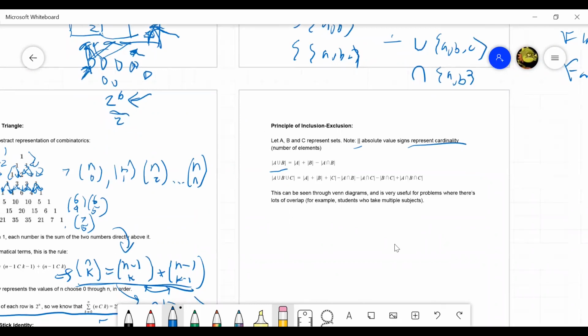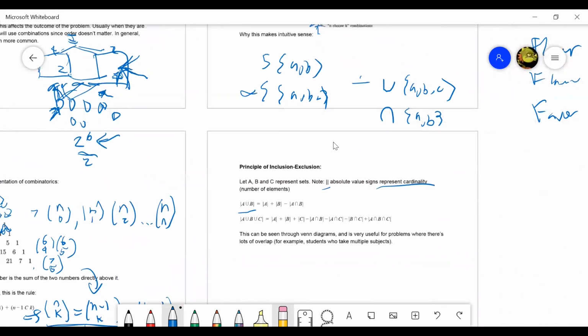So if you apply the example here, this would be 3 plus 2 minus 2, or 3. And the union does have 3 elements. You can see this using a Venn diagram, where you'd be adding this circle, and you'd be subtracting the middle part because you counted it twice when you added the 2 circles.